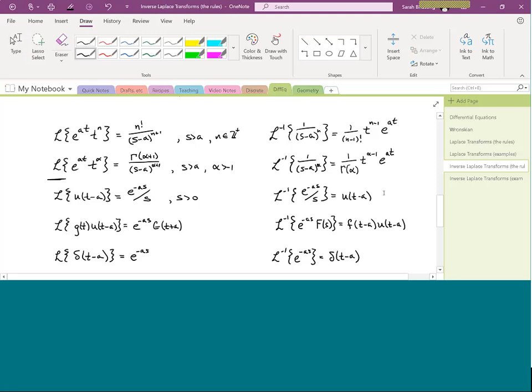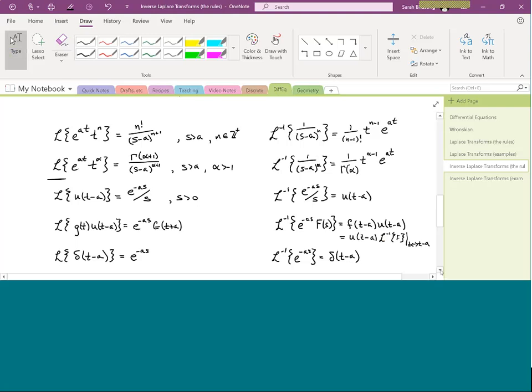So this one might actually be easier to read as step function multiplied by the inverse Laplace transform of the f function, where you replace your t with a t minus a. That's what those symbols mean. And the last one is if you just have e raised to the negative as, that turned into the delta function. So those were straightforward, just reverse where you're looking in terms of the Laplace transform.